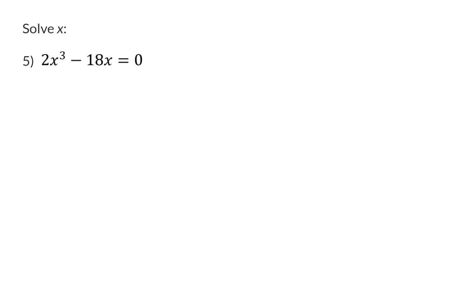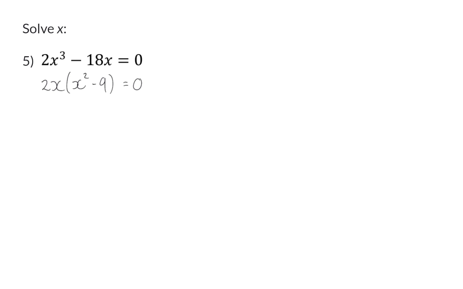In example 5, we already have an equation equal to 0, so we can immediately start factorizing. Here we can remove a common factor of 2x, and then we are left with x squared minus 9. It is important to realize that here I could not divide both sides by that common factor, because in this case the common factor also consists of the variable that I need to solve.